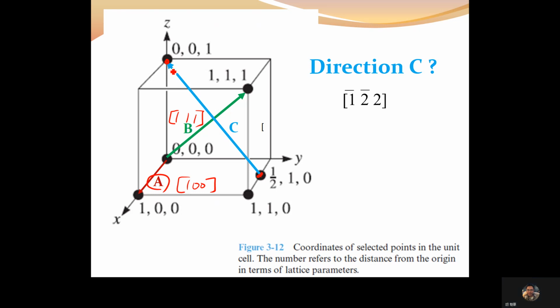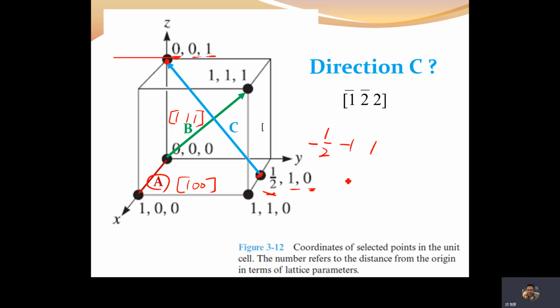Is that okay? We use the 0 to 0 minus half, and 0 minus 1, and 1 minus 0. Therefore, we can get minus 1 half, minus 1 and 1.